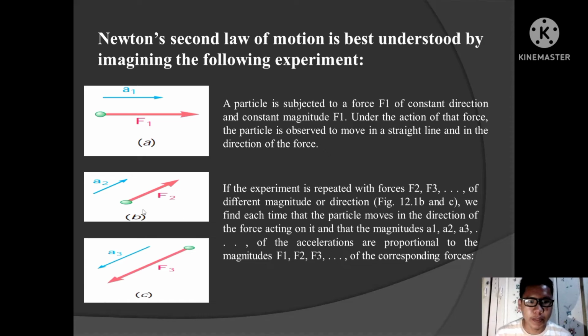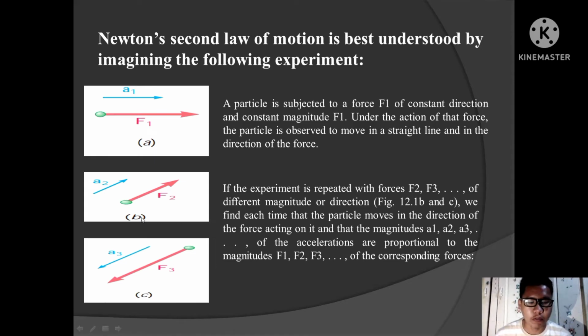in figures B and C, if the experiment is repeated with forces F2, F3 of different magnitude or direction, we find each time that the particle moves in the direction of the force acting on it, and that the magnitudes A1, A2, A3 of the accelerations are proportional to the magnitudes F1, F2, F3 of the corresponding forces.